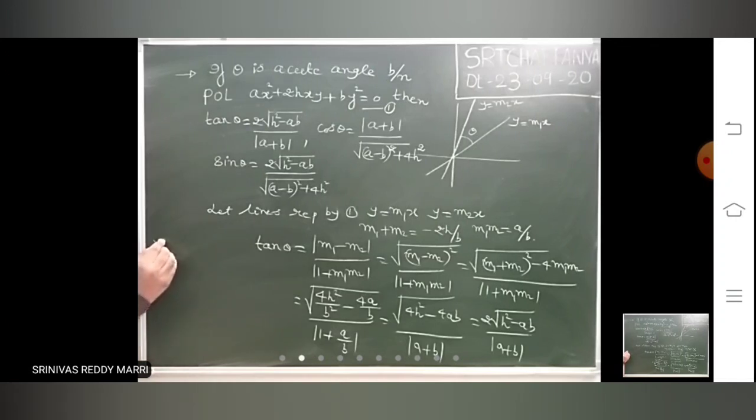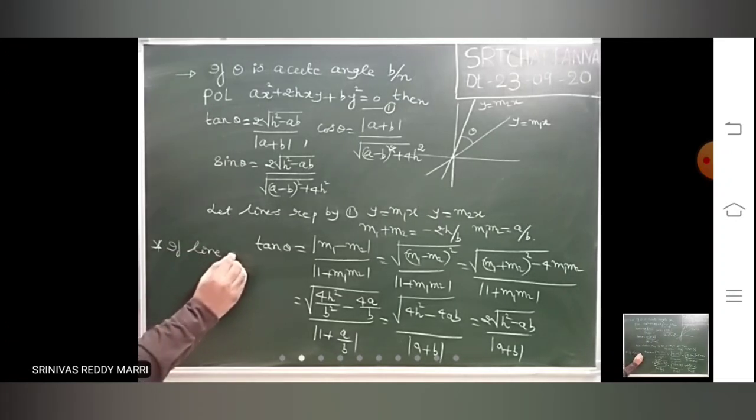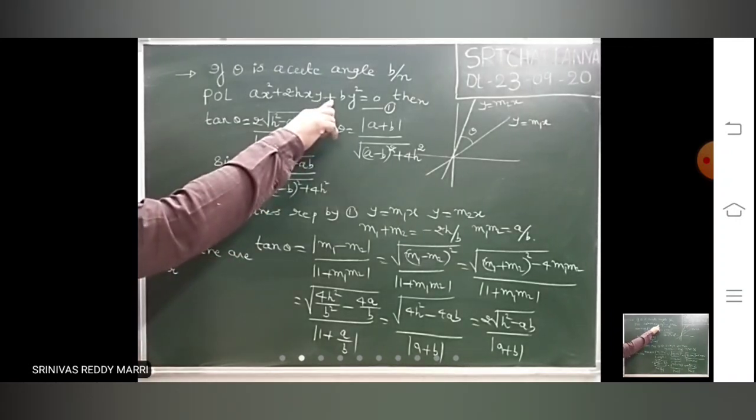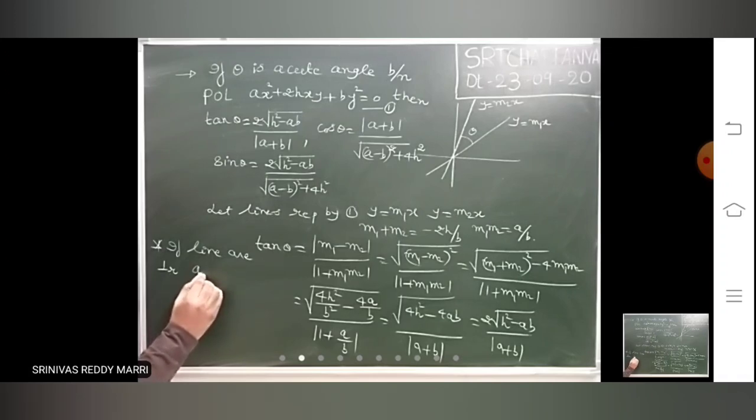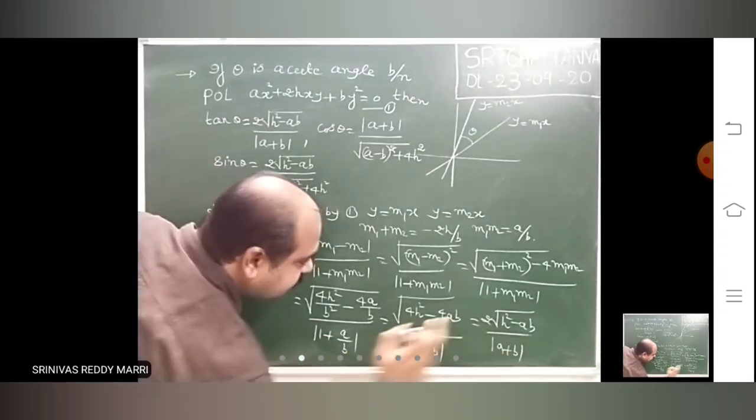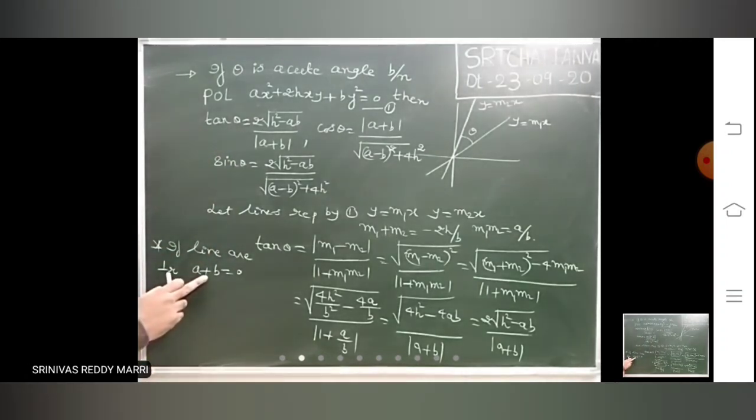Now look at this. If the lines represented by this are perpendicular, then theta is 90 and tan theta will become infinity. That means a plus b equal to 0, because if the denominator becomes 0, it becomes infinity.